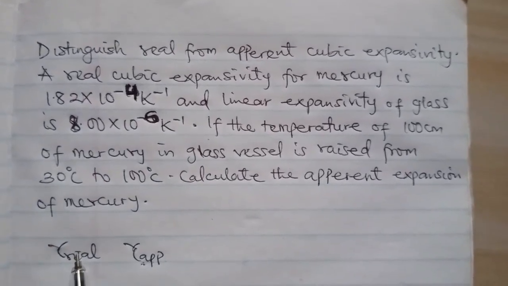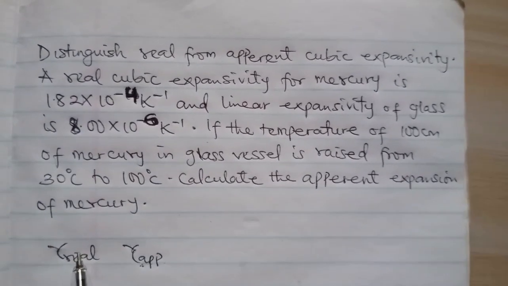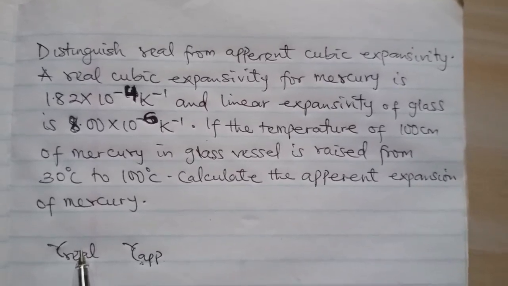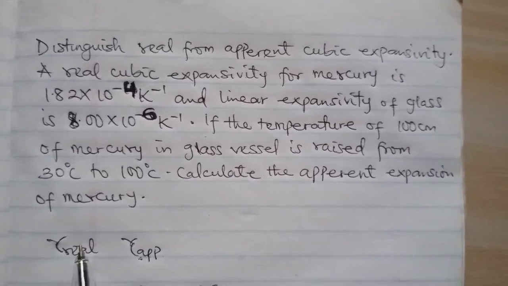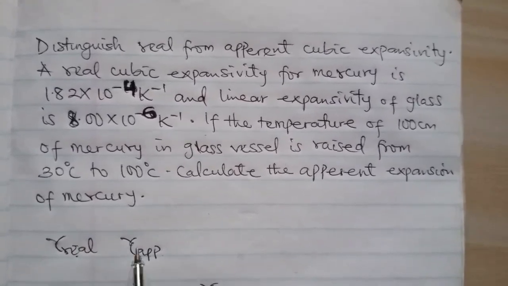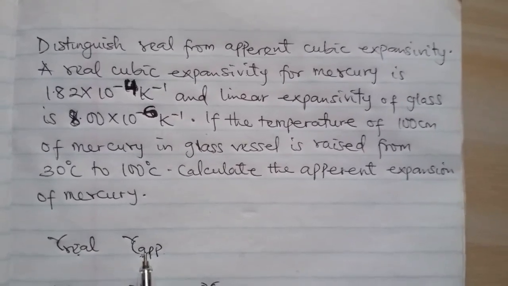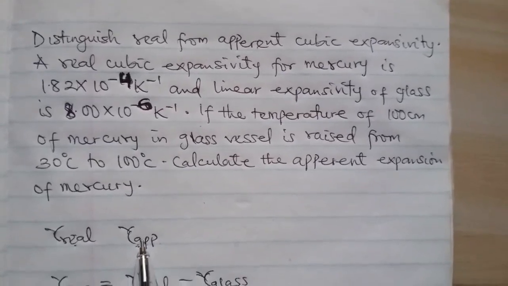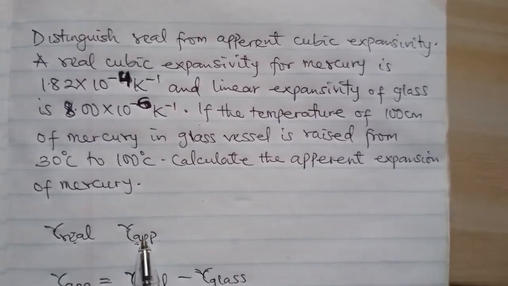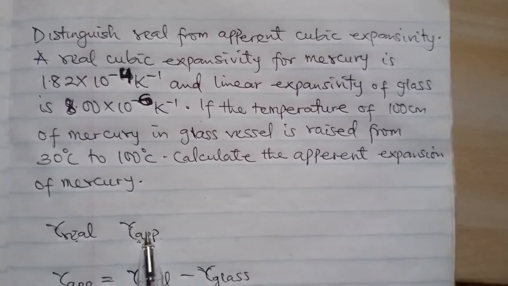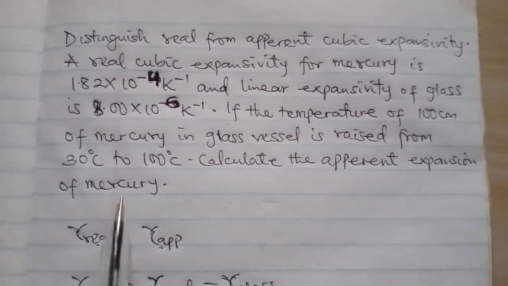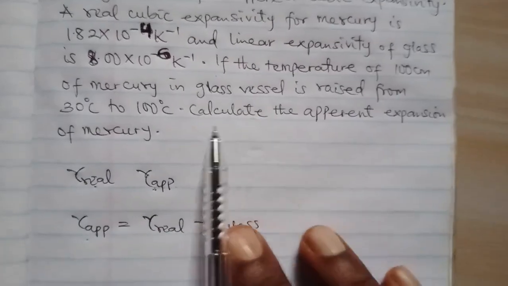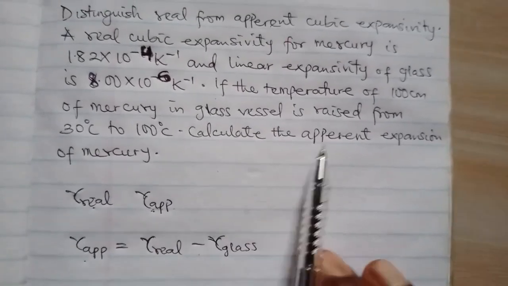The real cubic expansivity of a liquid is the actual increase in volume of unit volume per degree rise in temperature, while the apparent cubic expansivity of a liquid is the apparent increase in volume of unit volume per degree rise in temperature.